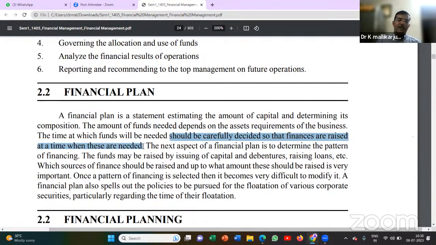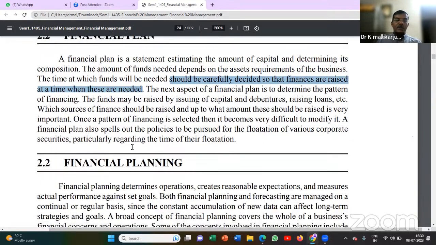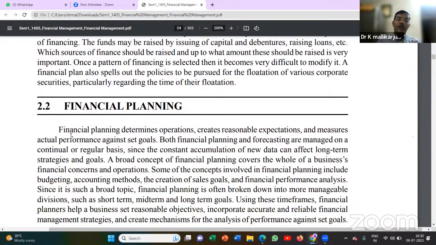So financial planning includes operations, creates reasonable expectations, and measures actual performance against set goals. Both financial planning and forecasting are managed on a continual and regular basis, since the constant accumulation of new ideas can affect the long-term strategies and goals.